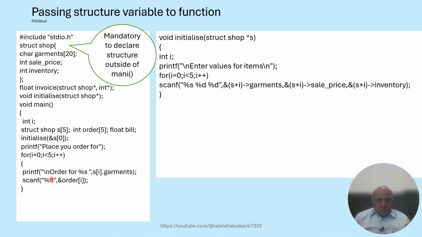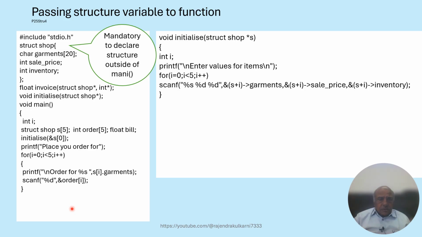So this printf statement is displaying the names of the garments with which we have initialized through the initialize function, and when the user enters the quantity he wants for that particular garment, that value through this scanf statement is assigned to the elements of array order.